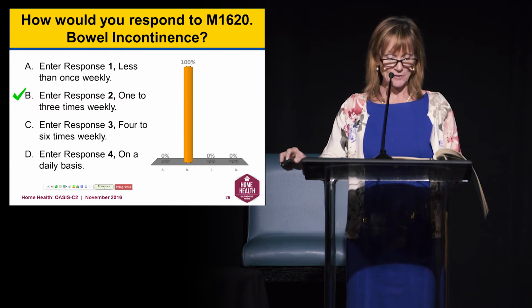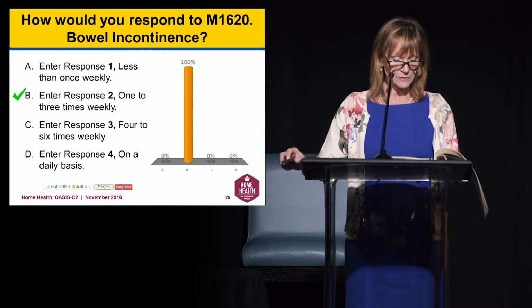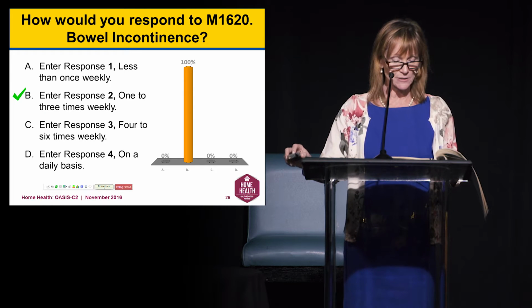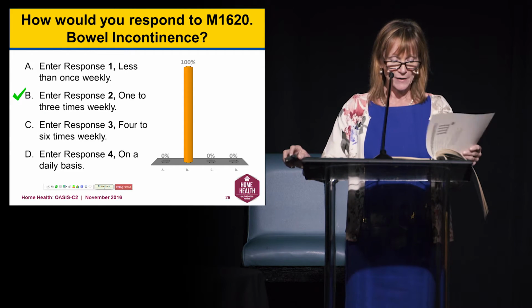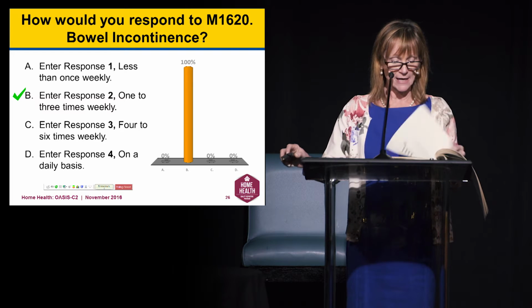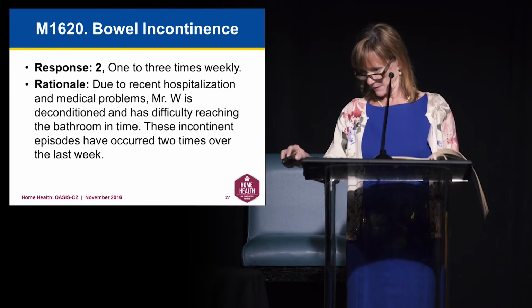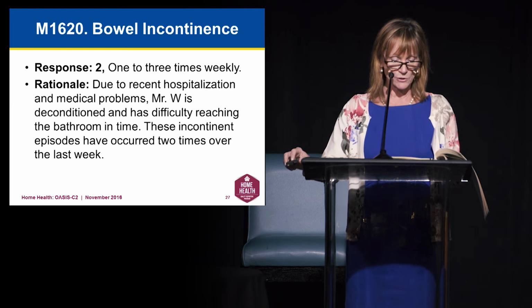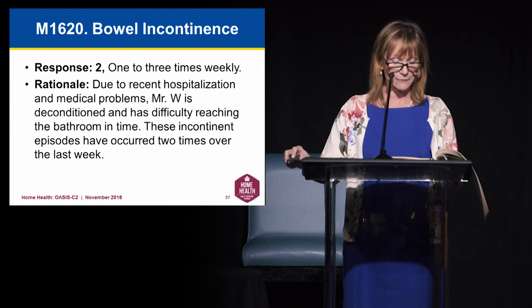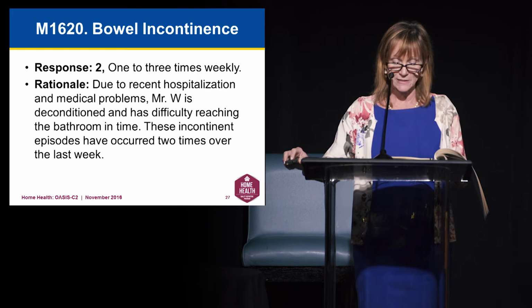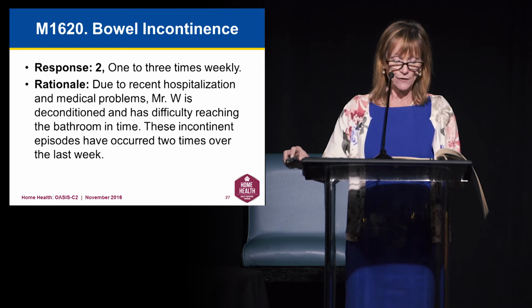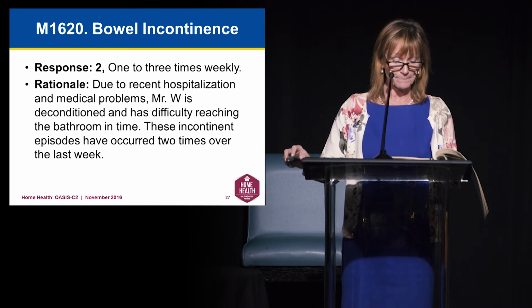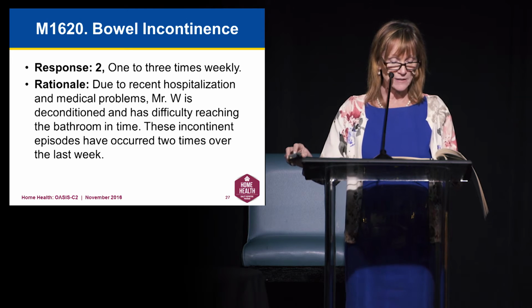And the correct answer, we got 100%, was B, to enter response 2, that Mr. W had 1 to 3 times weekly incontinence. The rationale was due to the recent hospitalization and medical problems. Mr. W is deconditioned and has difficulty reaching the bathroom in time. These incontinent episodes have occurred 2 times over the last week.